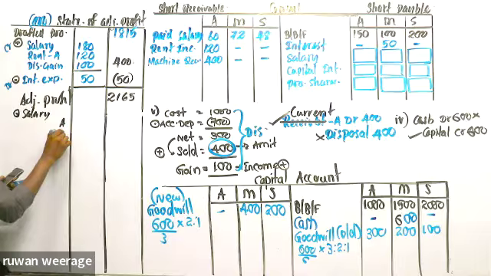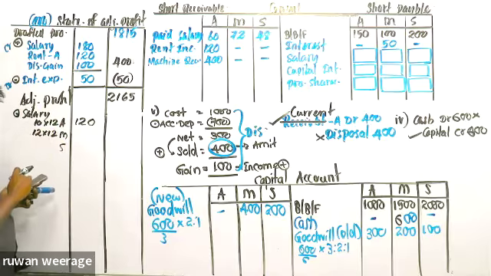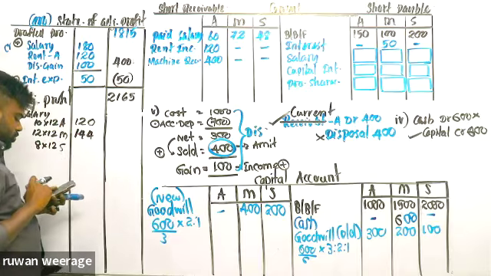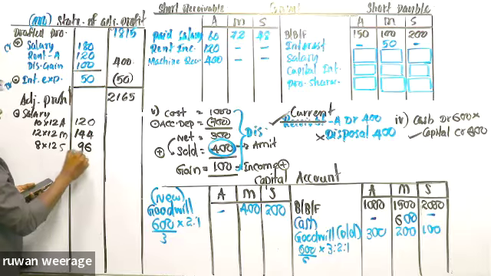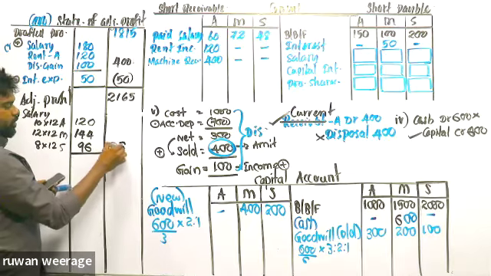Amit, Malit and Samit. For Amit 10,000 into 12, 120. 12,000 into 12, 144. 8,000 into 12, 96. 360.